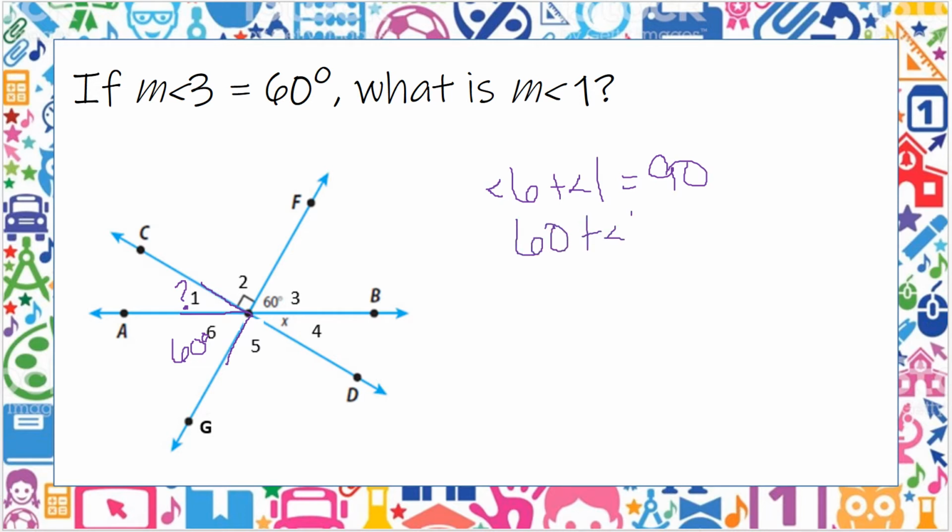We don't know angle 1. So we're going to add the opposite. So minus 60. 60 minus 60 goes away, and you're just left with angle 1 because those form that zero pair. And 90 minus 60 is 30. So angle 1 is 30 degrees.